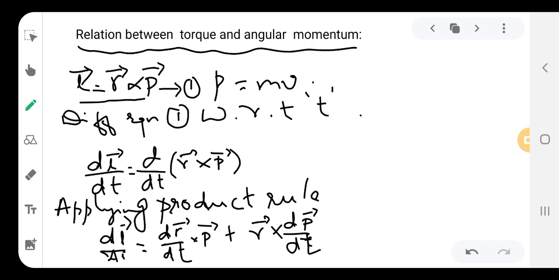So what we have done here, we have considered the angular momentum equation, L equal to r cross p, equation 1, and differentiated this equation 1 with respect to time: dL vector by dt is d by dt of r vector cross p vector. Applying the product rule, dL by dt is equal to dr by dt cross p plus r cross dp vector by dt.